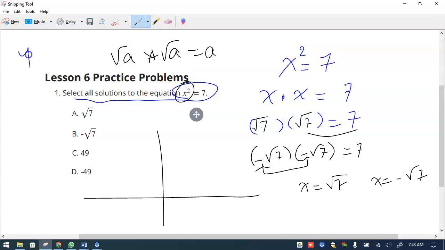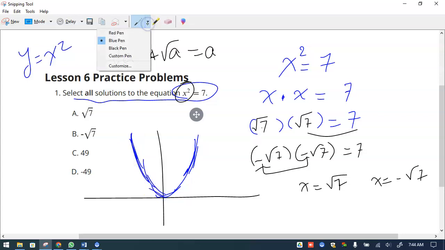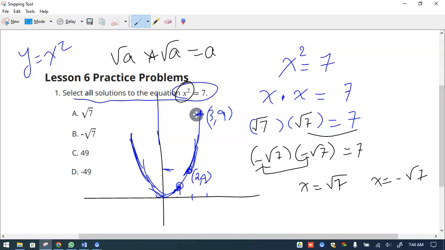Now, what does x squared on the left side mean? If I write the equation y equals x squared, it is a graph. The graph of x squared is an upward parabola, concave up. 1 times 1 is 1, 2 times 2 is 4, and 3 times 3 is 9.